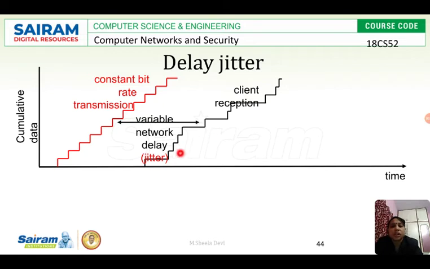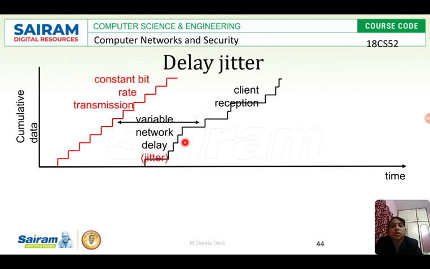So this variation in the delay, this variation in the packet reception between the consecutive packets. See, this packet also should come after 1 microsecond after the reception of the previous packet, but it came after 3 microseconds.